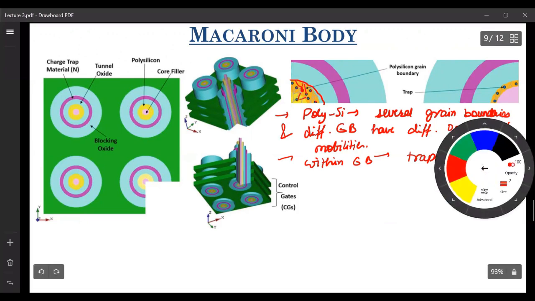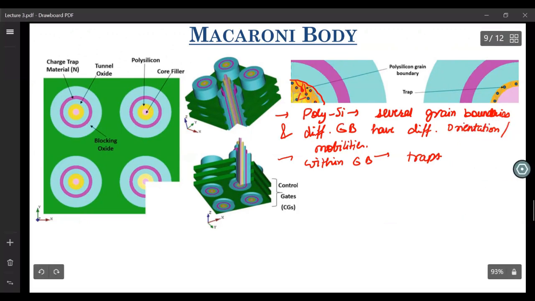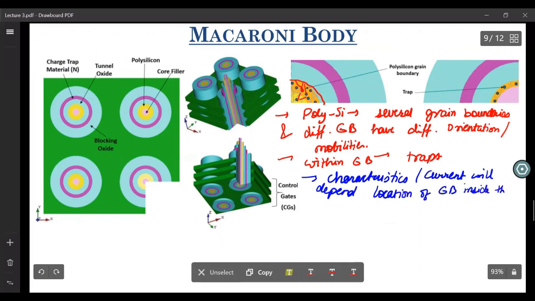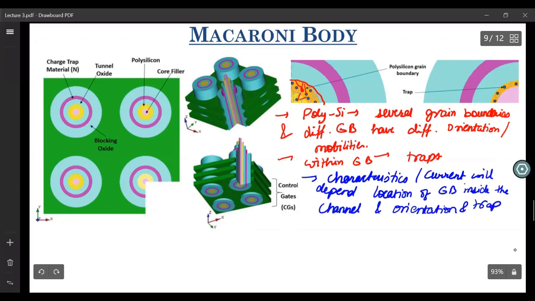Because of this, since each grain boundary has a different orientation and mobility, your characteristics or the current will depend on the location of the grain boundary inside the channel, and also their orientation, and the trap density as well.